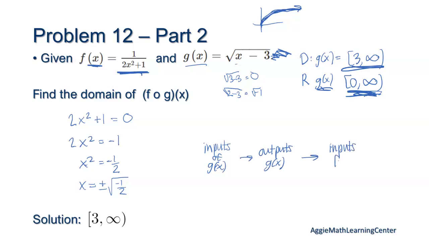And the only restriction, because f of x can accept everything that g of x outputs, comes from here, because this one occurs naturally.